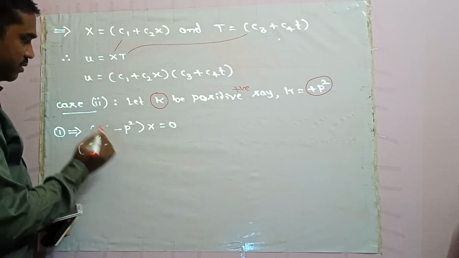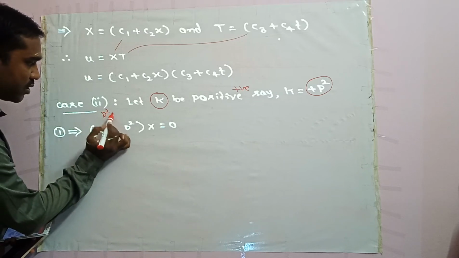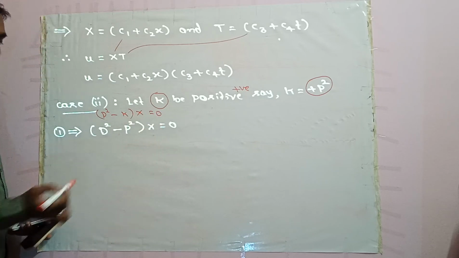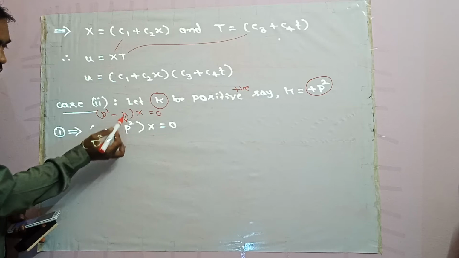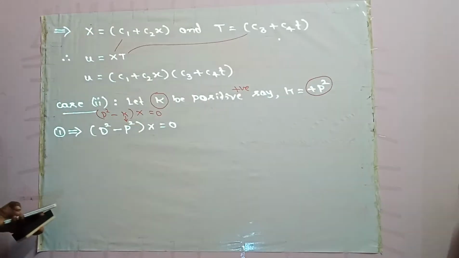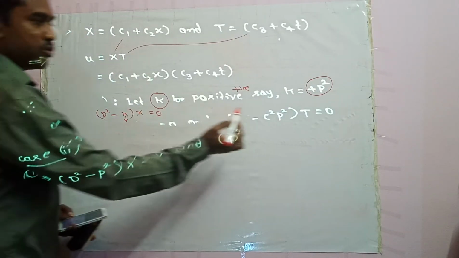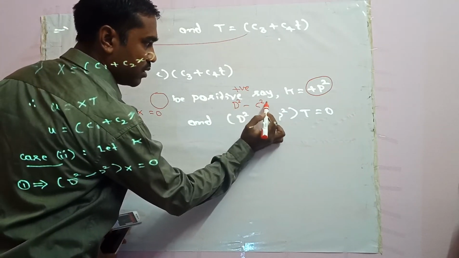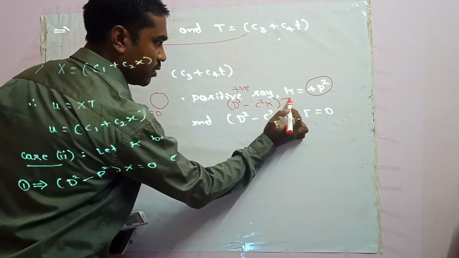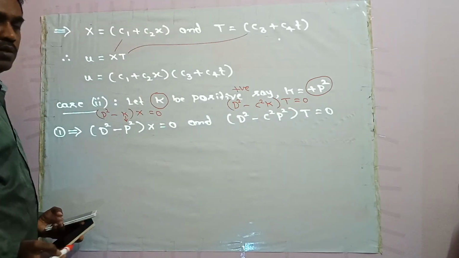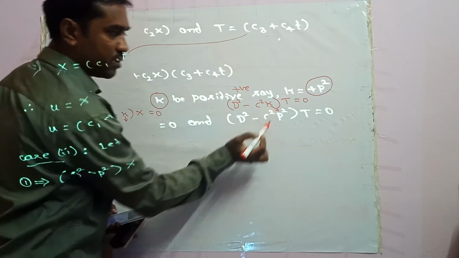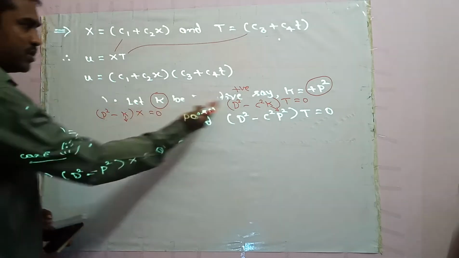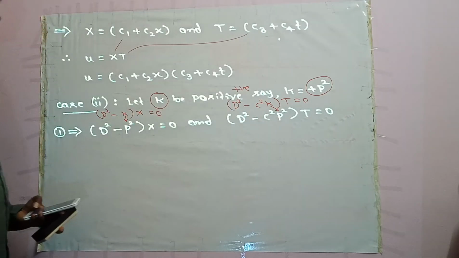So what was the equation here? We had d square x minus k into x is equal to 0. In the place of k, I have taken p square. And here also, what was the equation we had? d square t minus c square k into t is equal to 0. In the place of k I have taken p square. Where were these two equations?